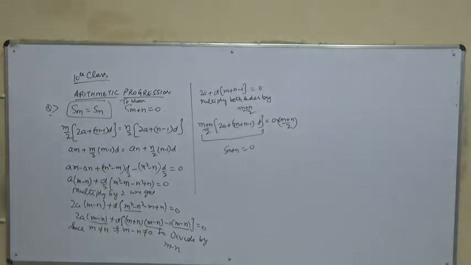Okay. The next question is, the sum of n, 2n and 3n terms of an AP are S1, S2, S3, and we want to prove that S3 is equal to 3 into (S2 minus S1). So let us write this question.